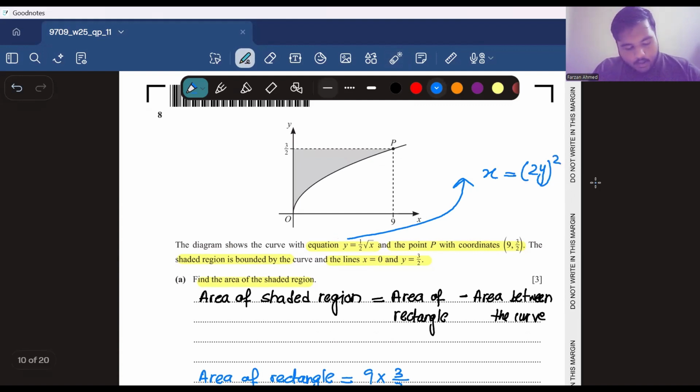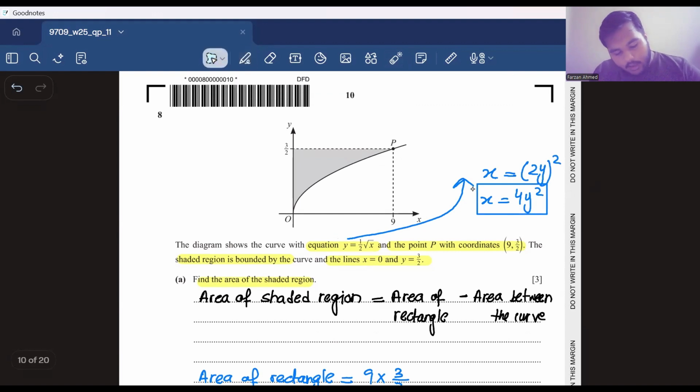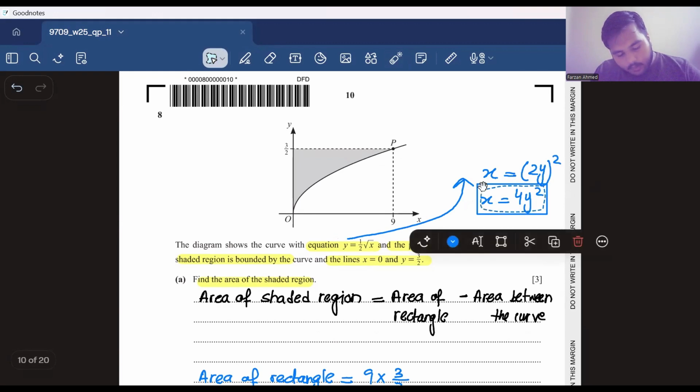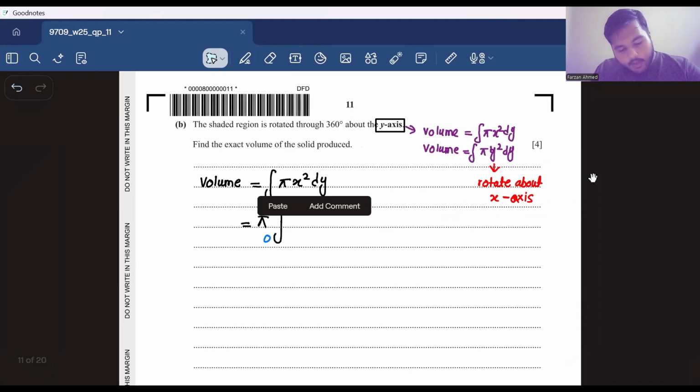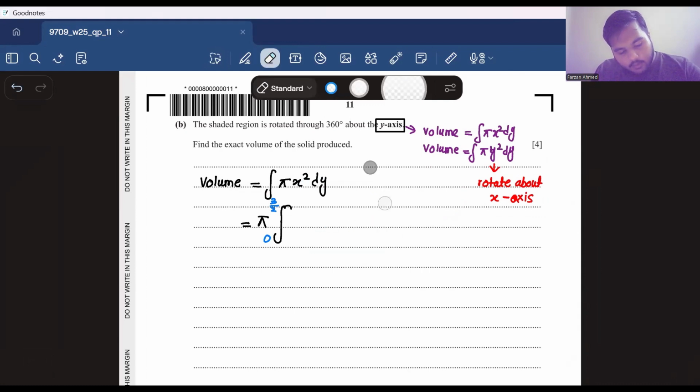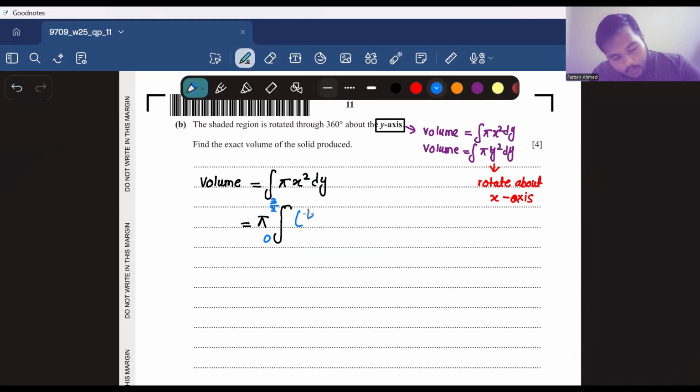This will be written in place of x. So this will be 4y squared, whole squared, dy.